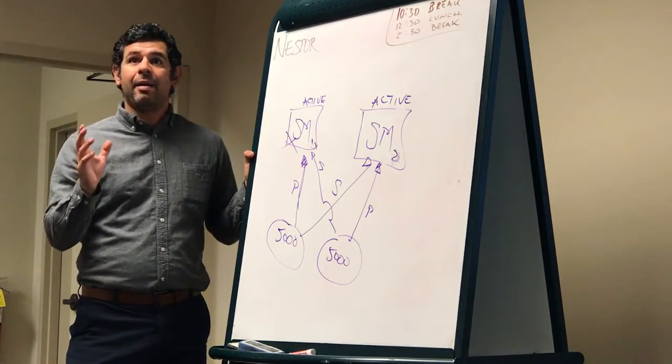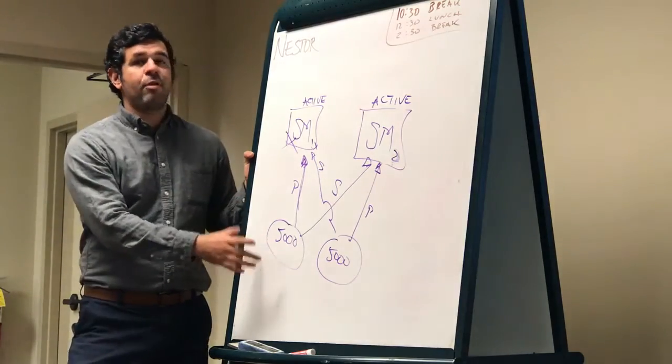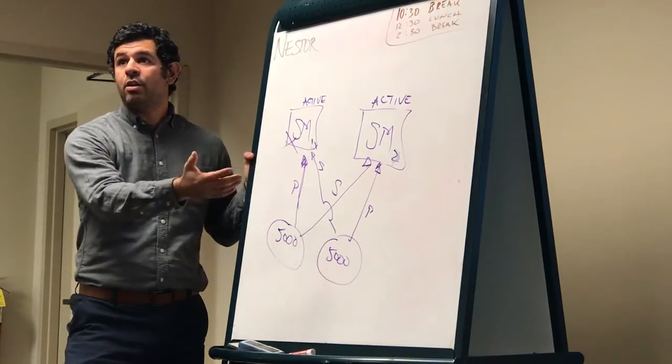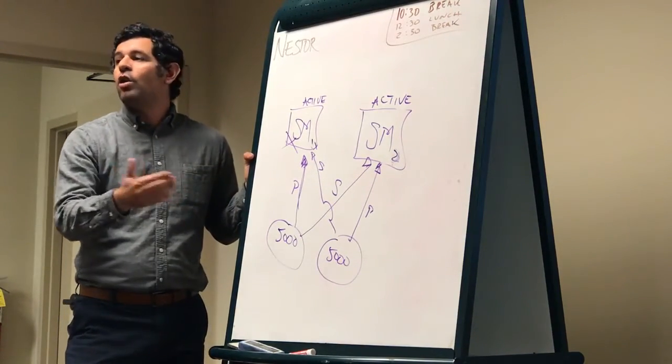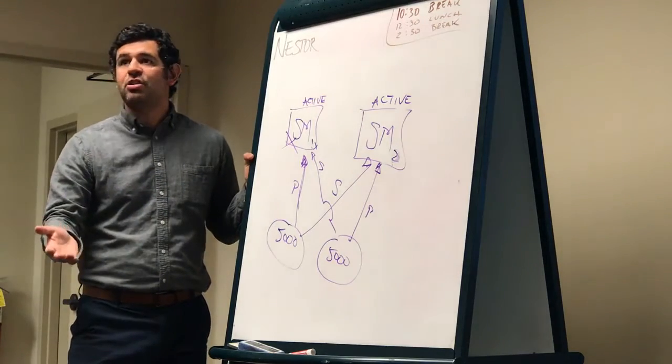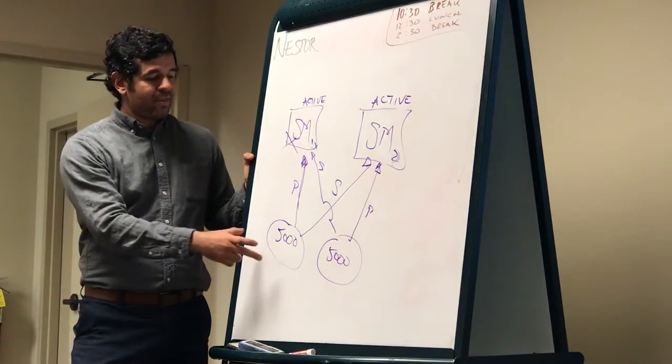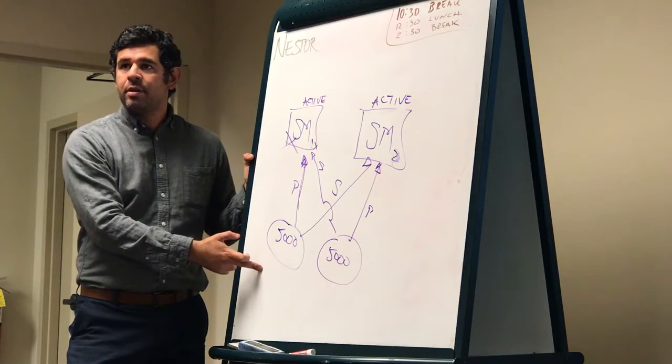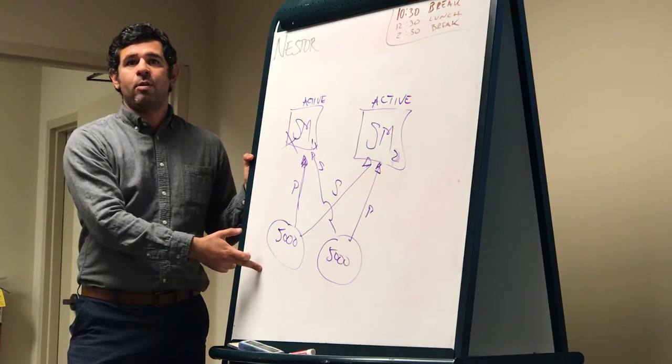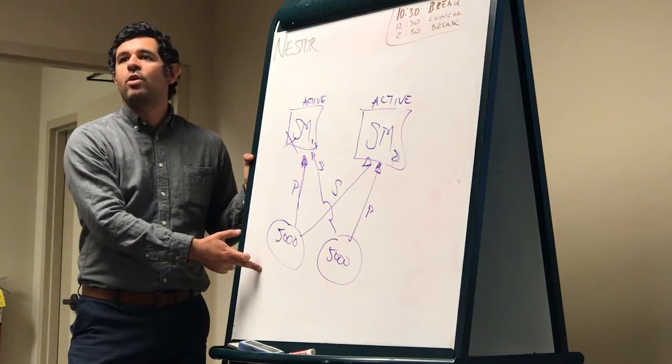So that's a big difference. Now that the SIP phones are already registered with the other Session Manager, all they need to do is subscribe with that Session Manager. So the failover of a SIP phone, if you compare it with the failover of an H323 device, is way quicker.